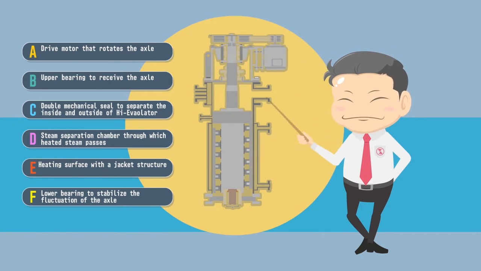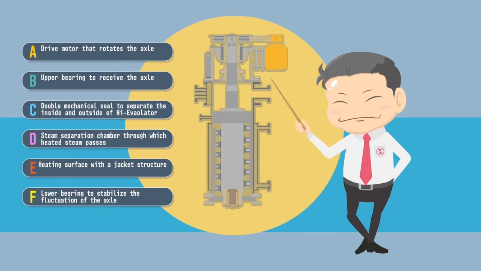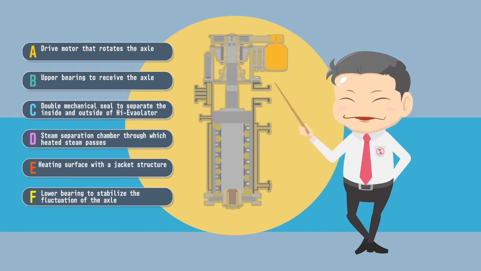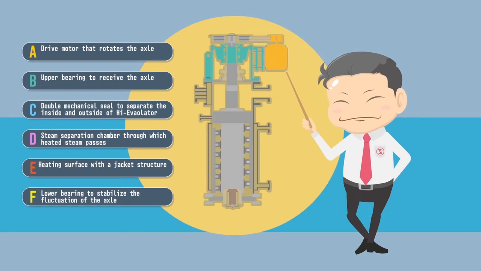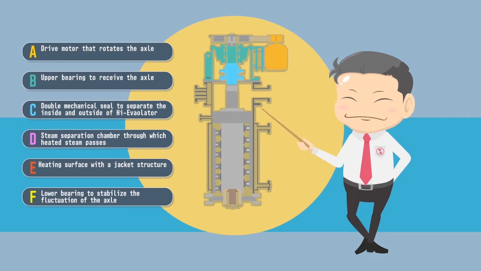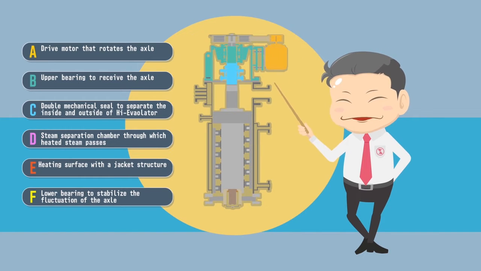A. Drive motor that rotates the axle. B. Upper bearing to receive the axle. C. Double mechanical seal to separate the inside and outside of Hi-evaporator.